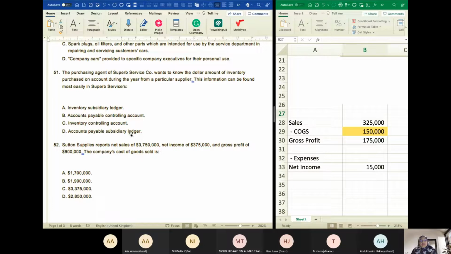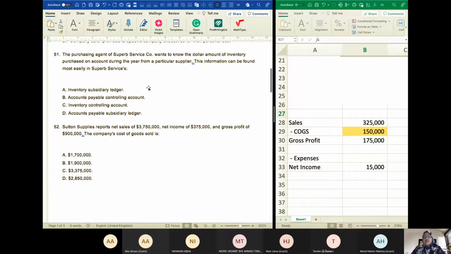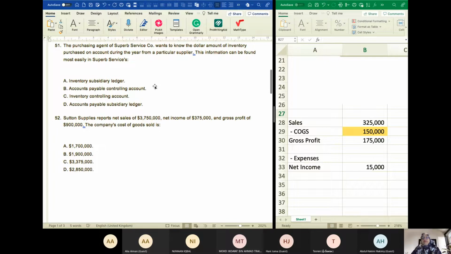So the answer must be D, the accounts payable subsidiary ledger, because you want to know a particular supplier. From the control account, you will not be able to identify an individual supplier. This is already in the slide that I showed you earlier. You can refer to that again.